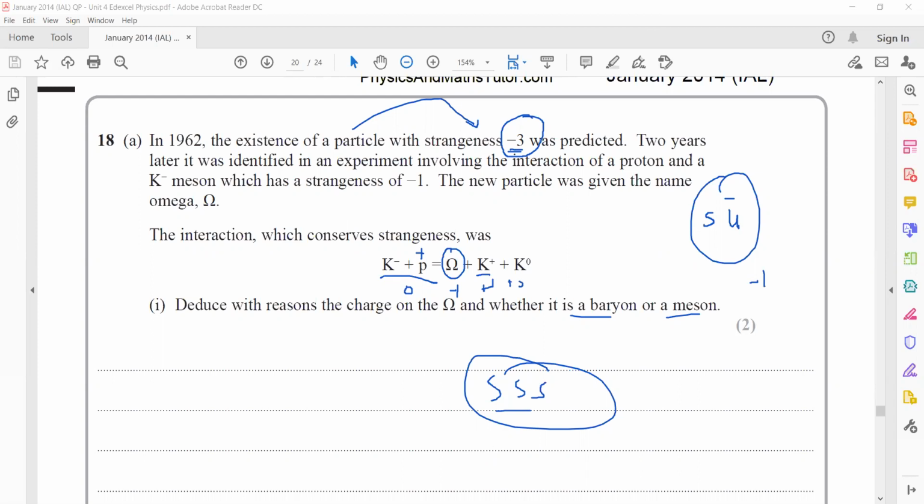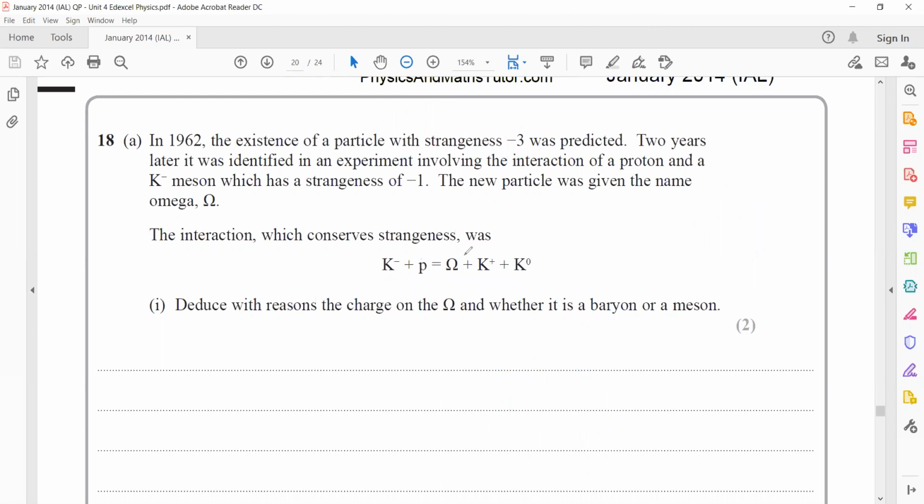This is one reason you can mention, or you can check the conservation of the baryon number. K are mesons, and for all mesons, any kind of meson, the baryon number is 0.